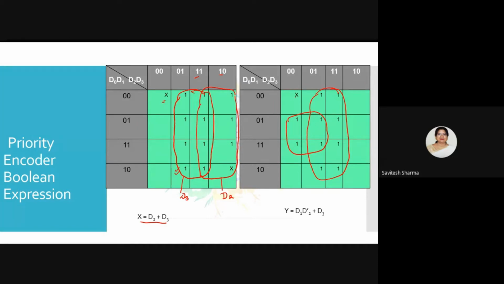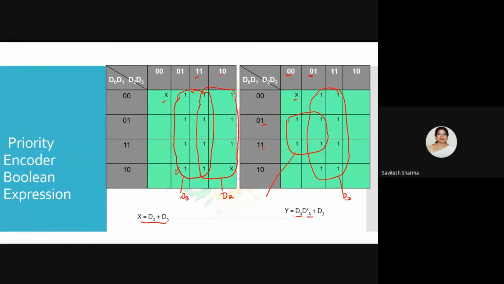You see here again I am not taking care of this X. For this octet, the term is D3, and for this quad, D1 is common and D2 is common, but it is 0. That's why I am writing D1 D2 complement.